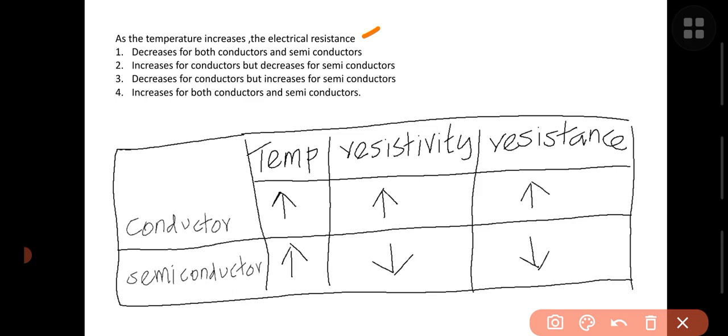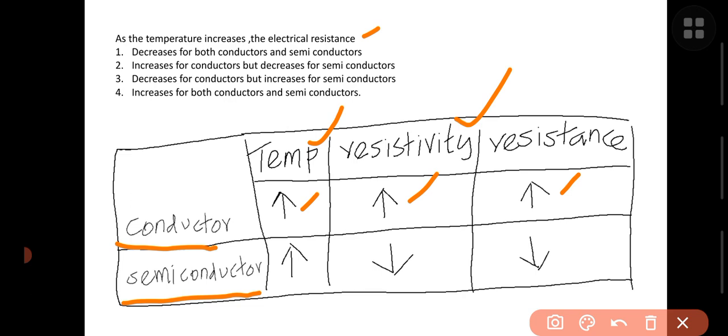Here we are going to use the property of conductors and semiconductors. In conductors, when the temperature rises, resistivity also increases. As a result, the resistance increases.